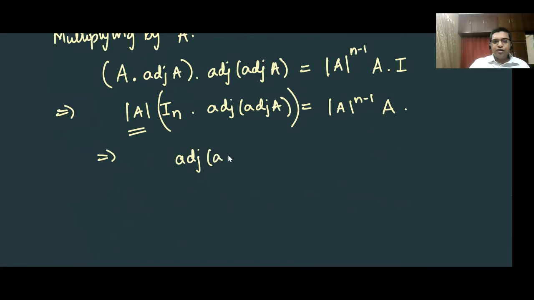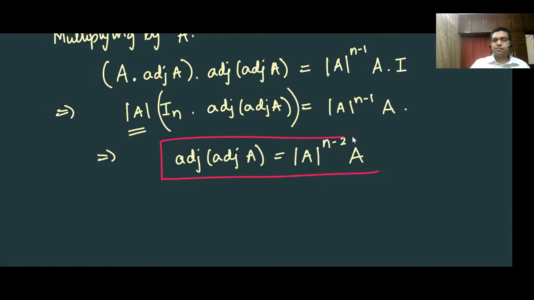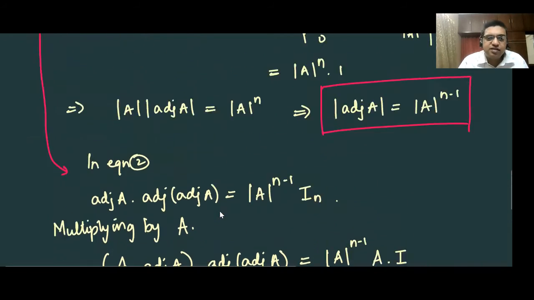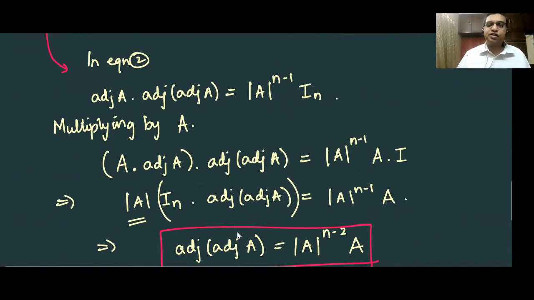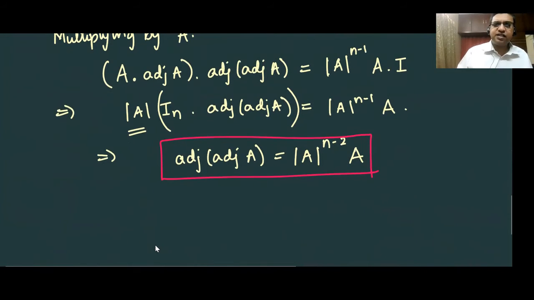So adjoint of adjoint A, and this is a scalar, not a matrix, it can be pulled down here. I get determinant of A to the power n minus 2 times A. Now you can do the determinant of this. This property I've shown, and this property is just an extension of this. You can just work it out. So this is adjoint.